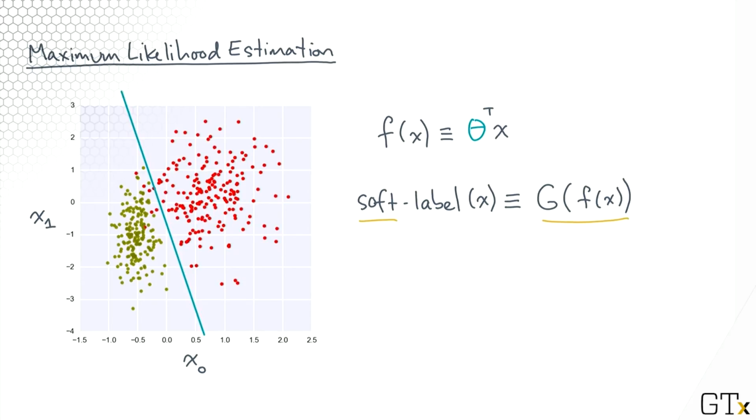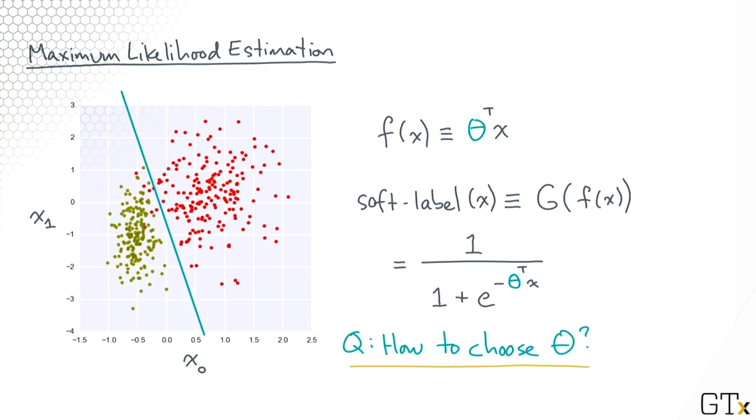It's soft in the sense that the label will be a continuous rather than discrete value. In this case, the soft label at x becomes 1 over 1 plus e to the minus theta transpose x. Its values lie between 0 and 1, so you can, for example, round it if you need to predict a hard 0 or 1 label.